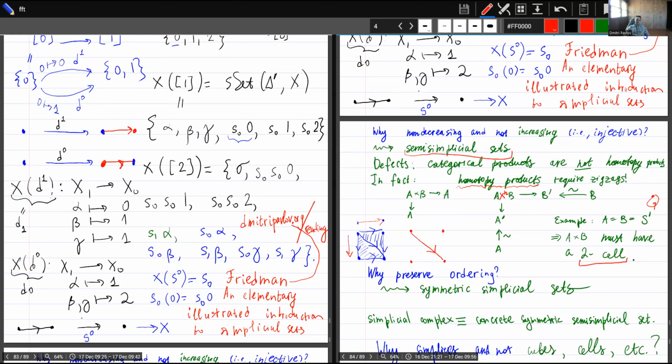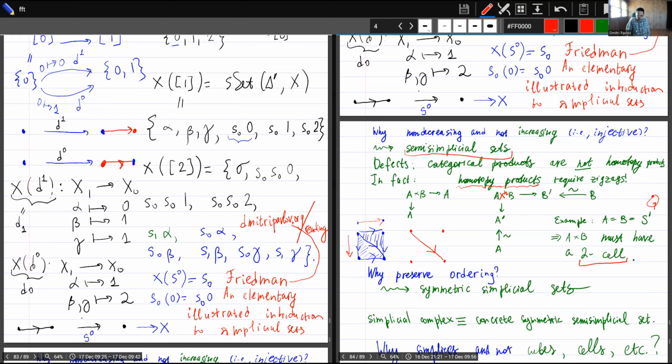Even though you can prove that the category of semi-simplicial sets is equivalent to simplicial sets, and in that sense it also encodes a category of spaces, this category is impractical.